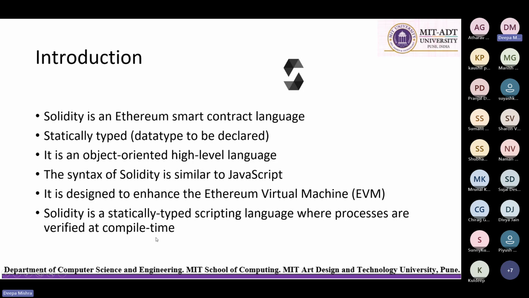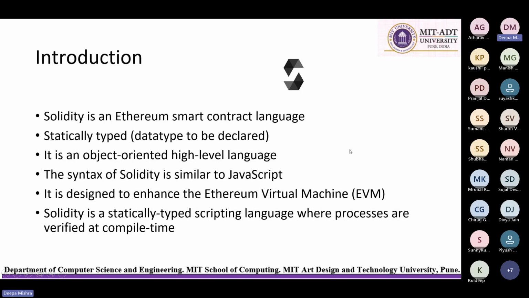Solidity is basically a statically typed scripting language where the processes and the data types are verified at compile time, not at runtime. So these are just the highlights of what Solidity is.